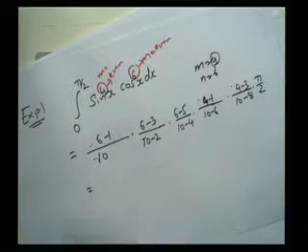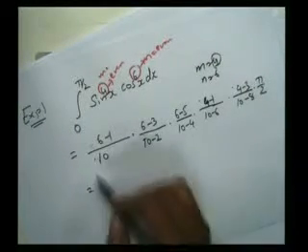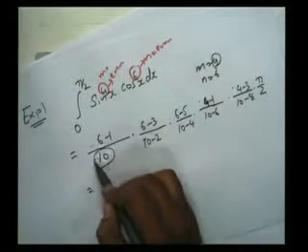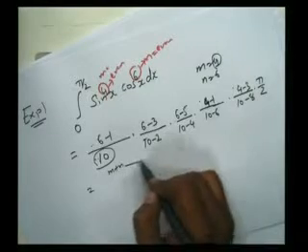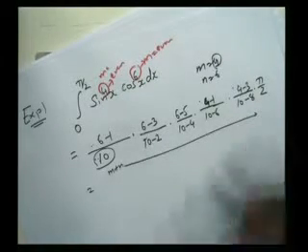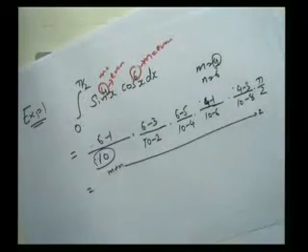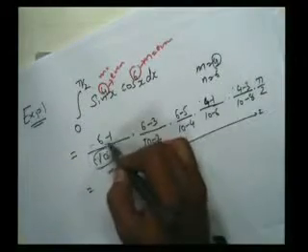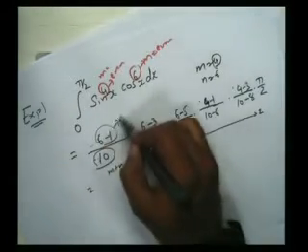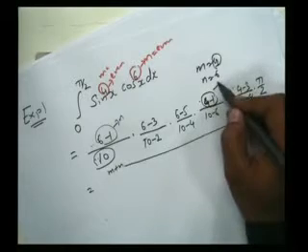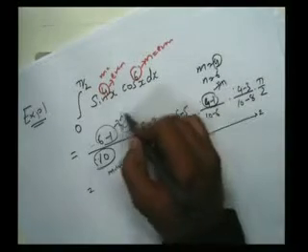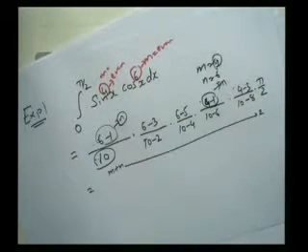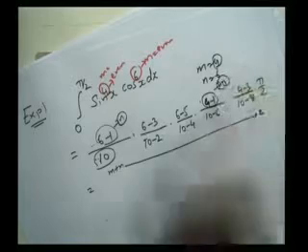That means to apply this formula, in the denominator we have to reduce m plus n up to 2, and in the numerator first we have to reduce n, then we have to reduce m. In the first part we reduce n, and in the second part we reduce m.